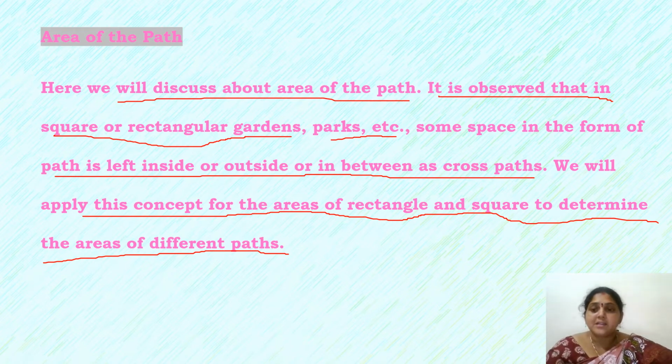In a children's park, you can find different paths. In the middle of the park there are small roads which are tiled very nicely to walk on. Those are called paths. Now we are going to identify how to find the area of the path.